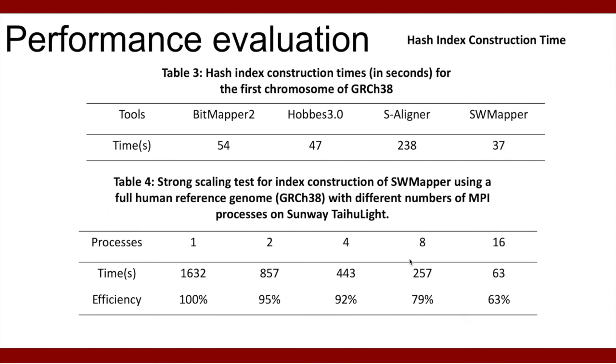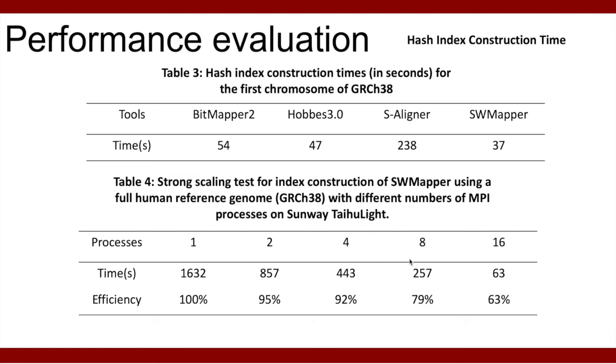We have tested the index construction time for GRCh38 for the hash index-based mappers Bitmapper2, Hobbes3, and SWMapper. We only use the first chromosome from GRCh38 as the reference for measurement.